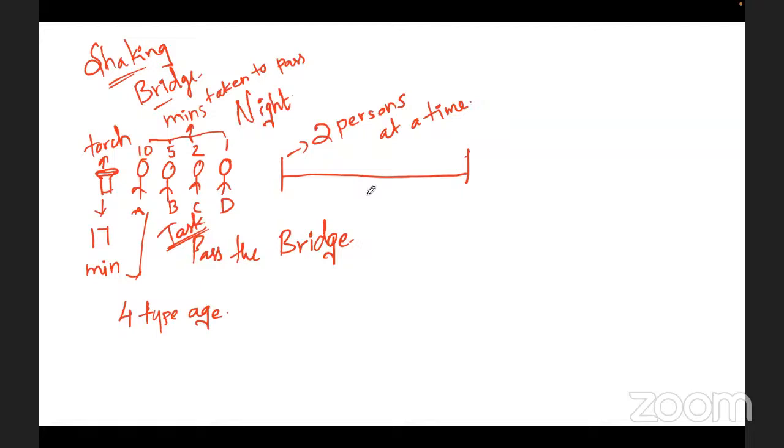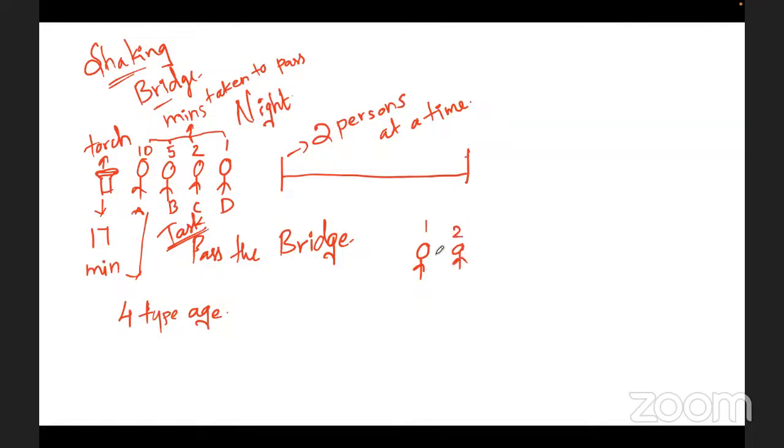So the 1 minute guy can take or help the rest of them, right, sir? No. For example, there is a way, right? Okay. So here, let's take a scenario. Here is a 1 minute person, and here is a 2 minute person.